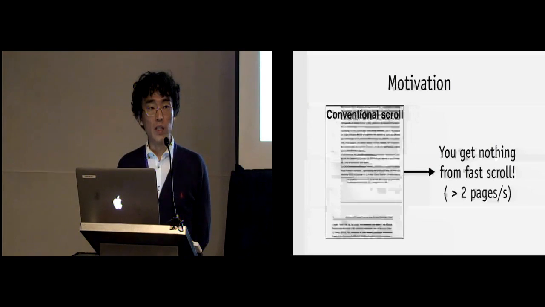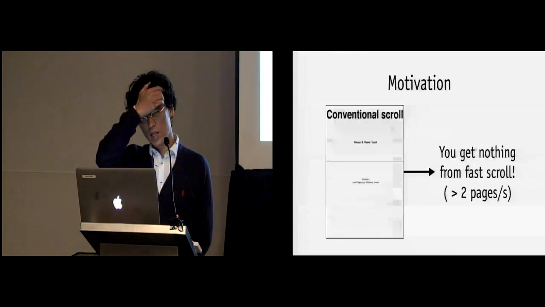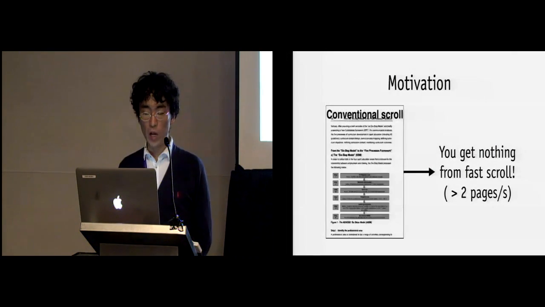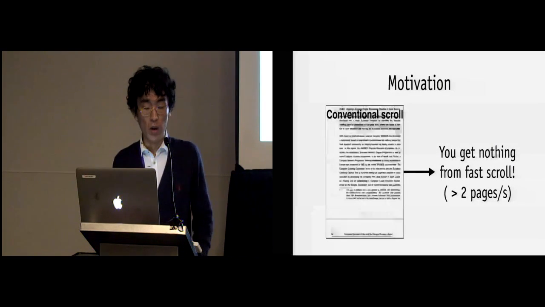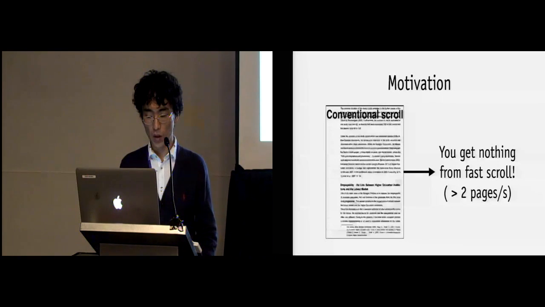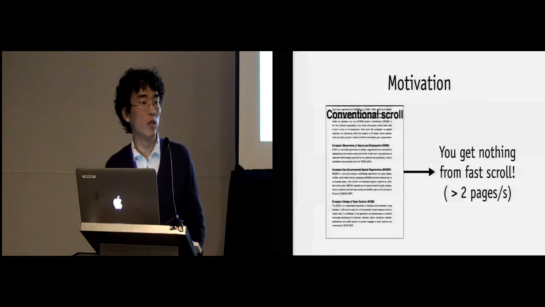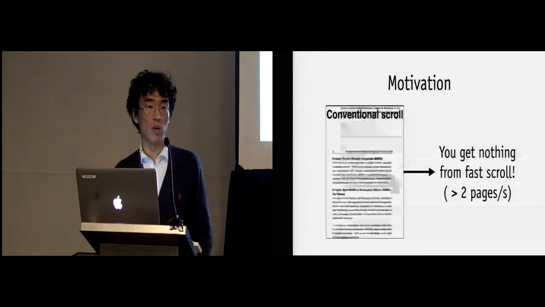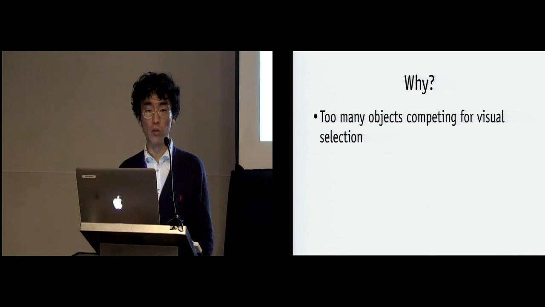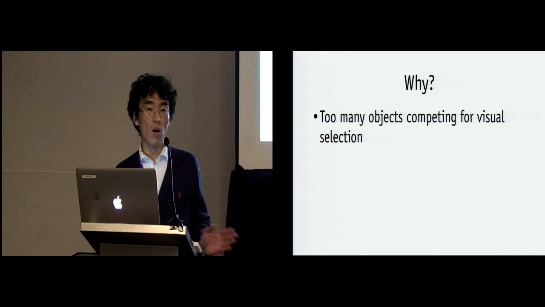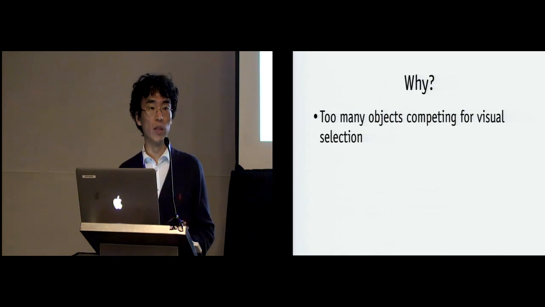The motivation initially came from the fact that we are not really able to read or get any information from conventional scrolling techniques when the scroll speed is fast. So when you scroll more than 2 pages per second, you are in trouble. And there are many reasons. First, when you scroll fast, too many objects are competing for visual selection, so you have to decide which one to look at.